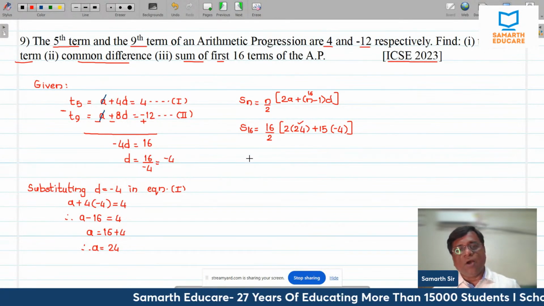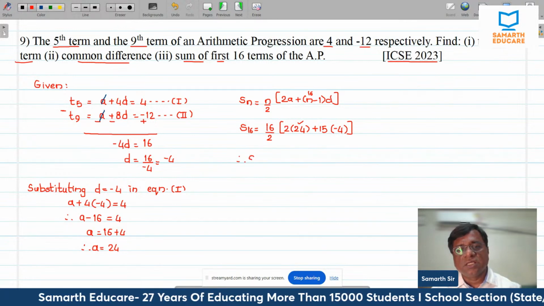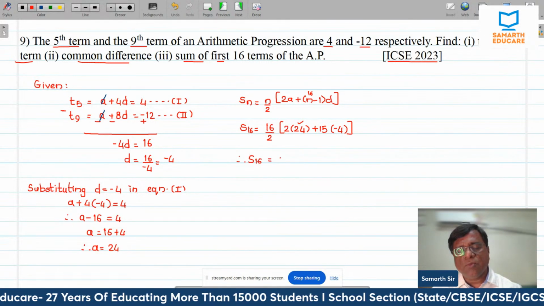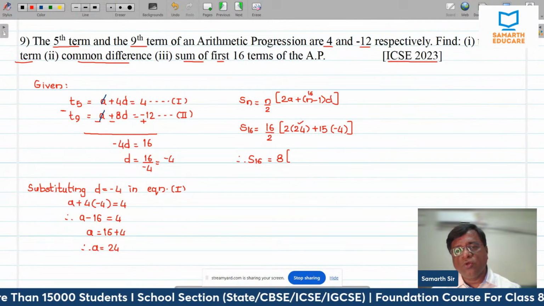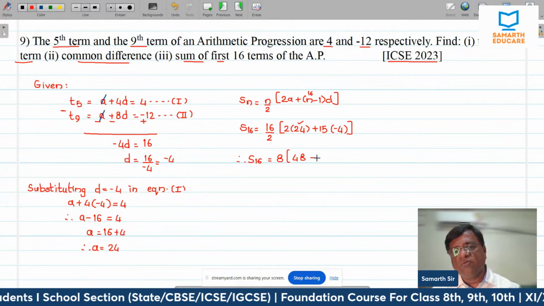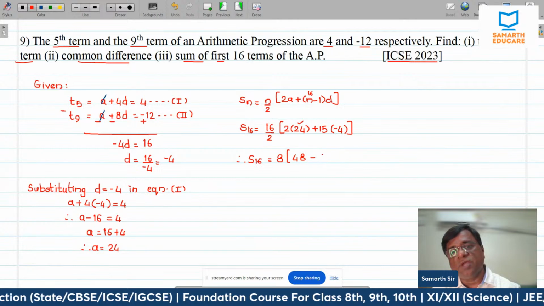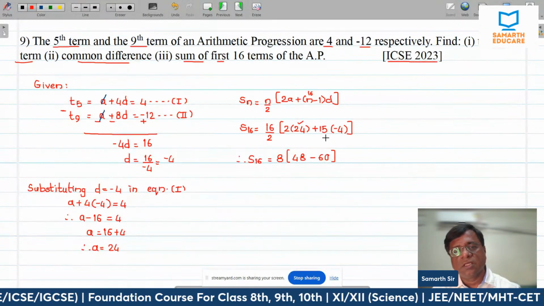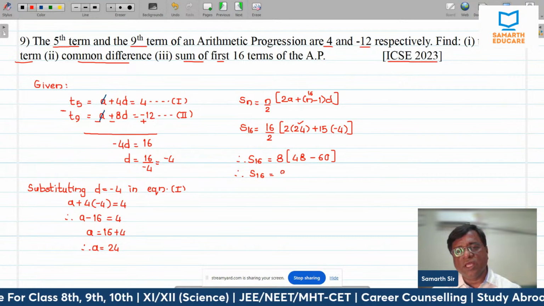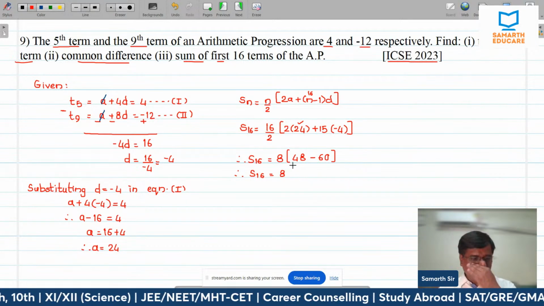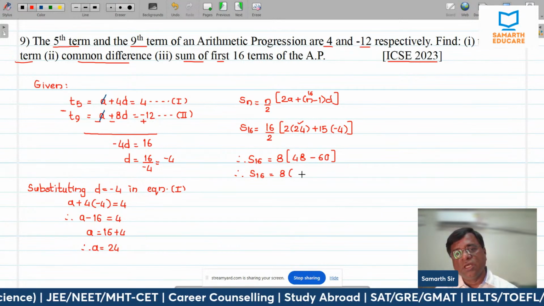All right, now S16 is 16 upon 2 is 8 here. 2 into 24 is 48. 15 into 4 is 60. So 48 minus 60. Okay, that means S16 is equal to 8. 48 minus 60 or 60 minus 48 is actually 12.